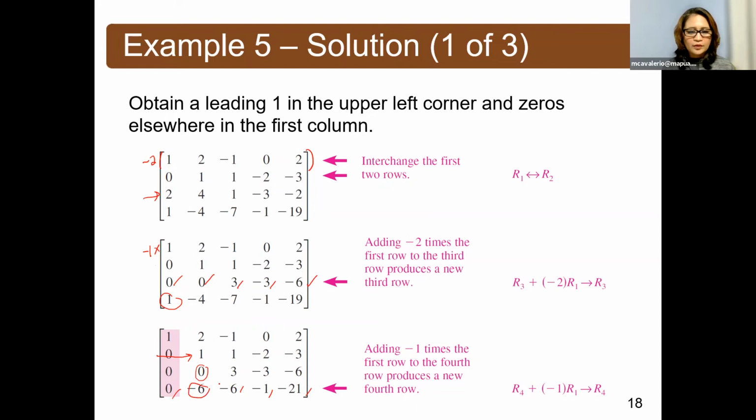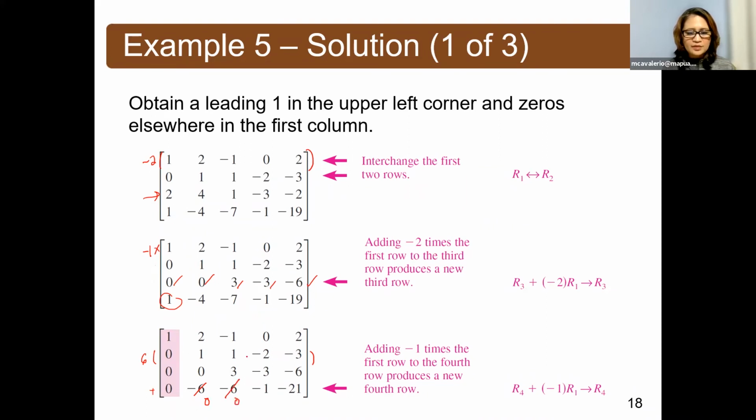So what we can do here, we multiply the entries of row 2 by 6 and add it with the entries of row 4. We have 6 times 1 is 6 plus negative 6. This will be converted to 0. 6 times 1 is 6 plus negative 6. This will be converted to 0.